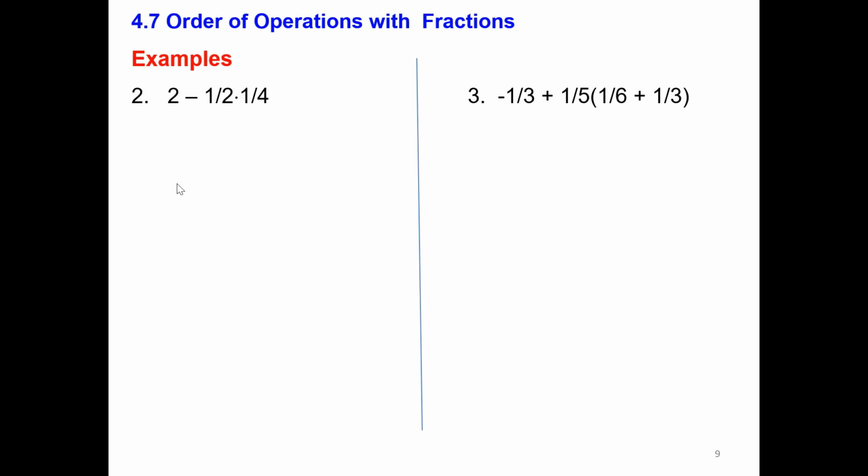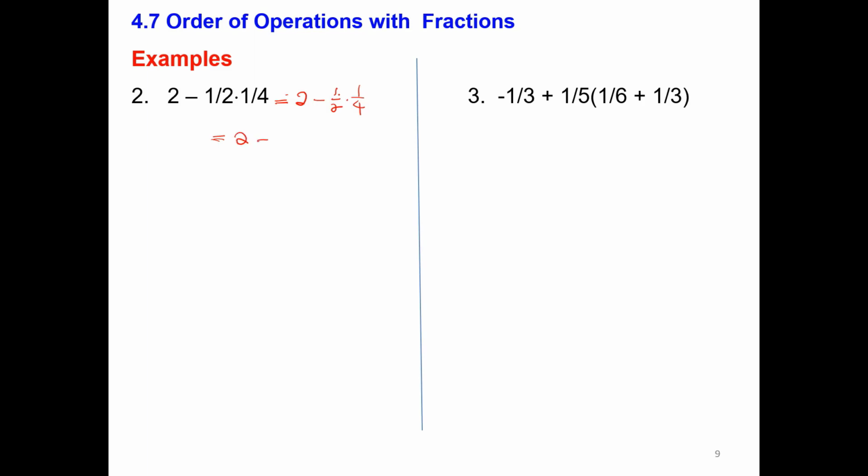In this example, we had multiplication and subtraction. By the order of operations, we need to first multiply and then subtract. Let's write this one as 2 minus 1 over 2 times 1 over 4.